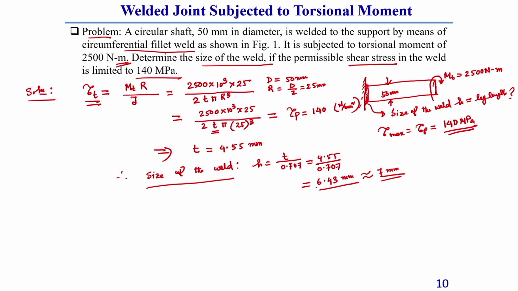You can consider 6.43 millimeter itself, but considering a little higher value of the next digit is also applicable. So here the size of the weld you can consider as 7 millimeter. This is a welded joint subjected to torsional moment.